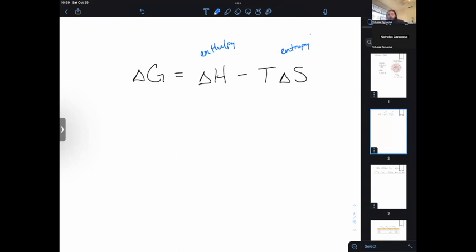This delta G, we called it a chemical potential, kind of in analogy to a mechanical potential from a physics class. The real name for it in chemistry, and that's what we're going to call it from now on, is what's called the free energy.